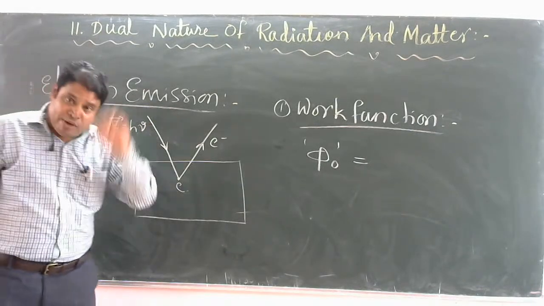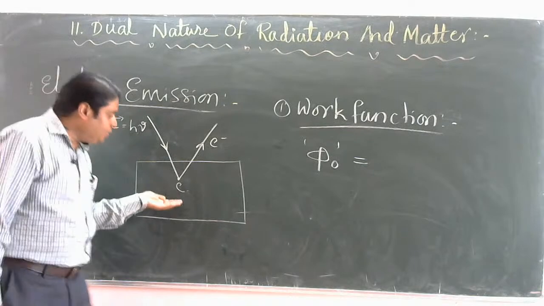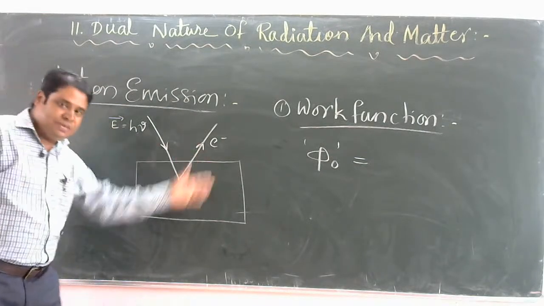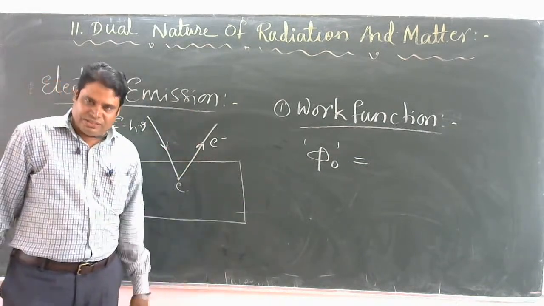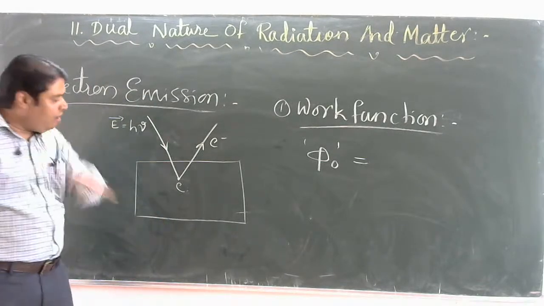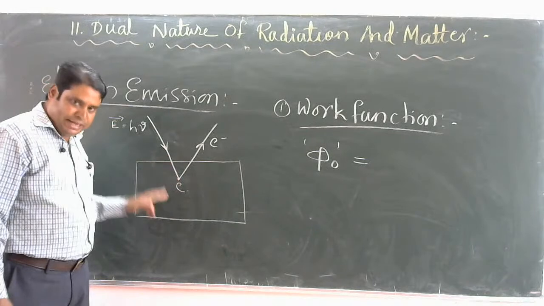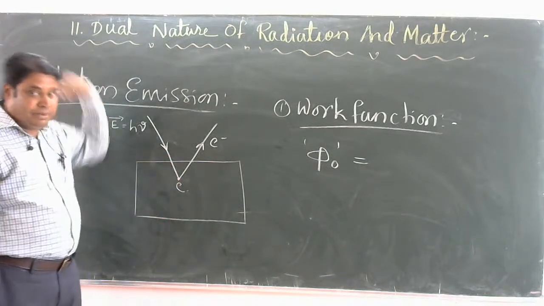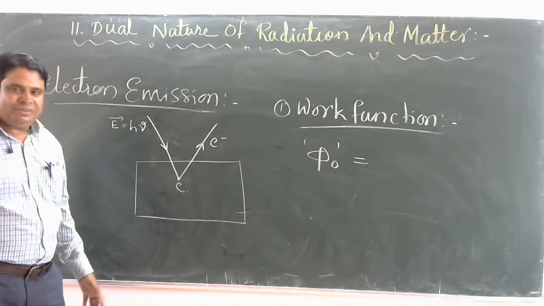Or the minimum work you are supposed to do in order to remove this electron out of this metal surface is called work function. Or it is the minimum energy required by this electron so as to come out from the metal surface.